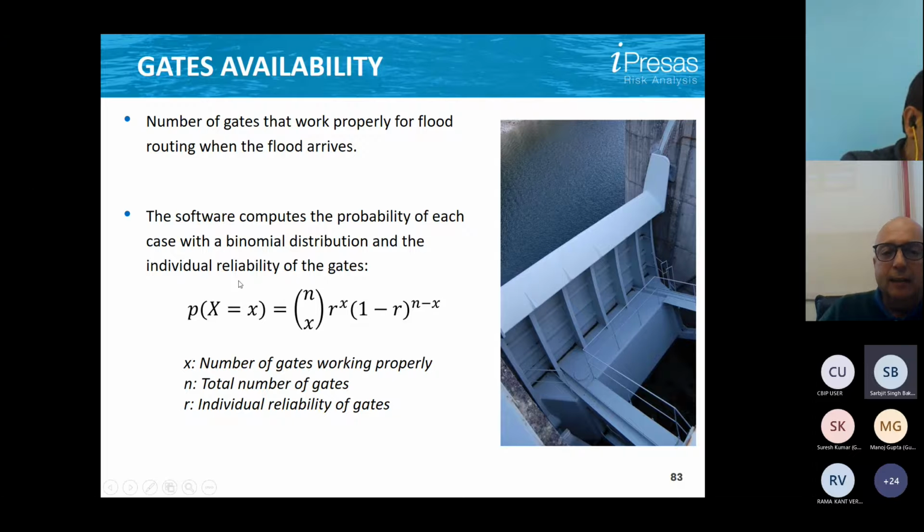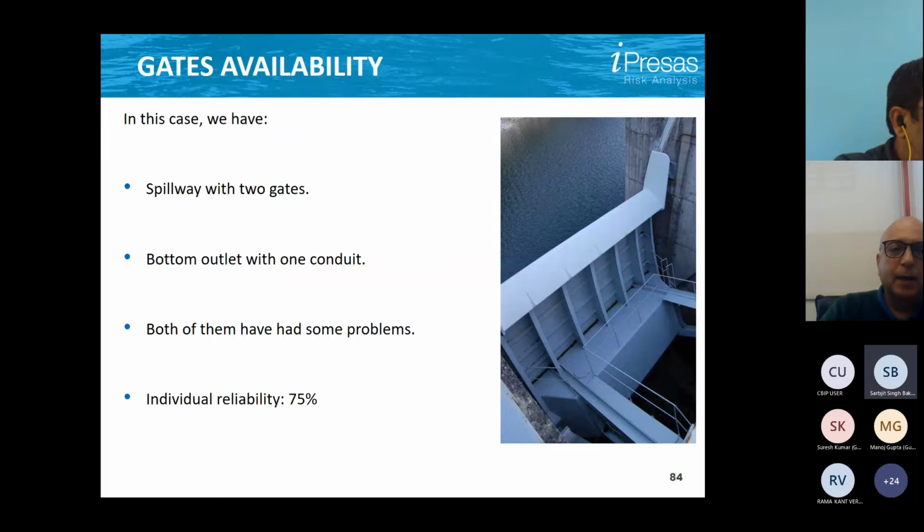The way the software assigns probability to the 0, 1, and 2 possibilities is using a binomial distribution, doing exactly what this equation says. You can review what it means. I don't think we should go into the details. It is also well explained in the manual.